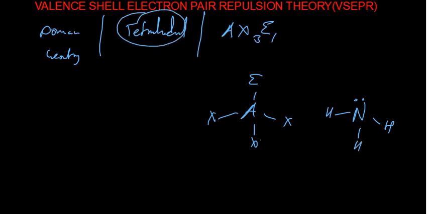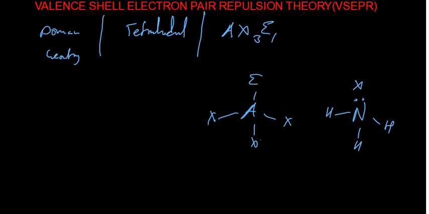But for the molecular geometry, just take the atoms which have reacted. Okay? Remember the bond angle is supposed to be 109.5 between the atoms. But a lone pair has a greater repulsion than electrons in a bond.